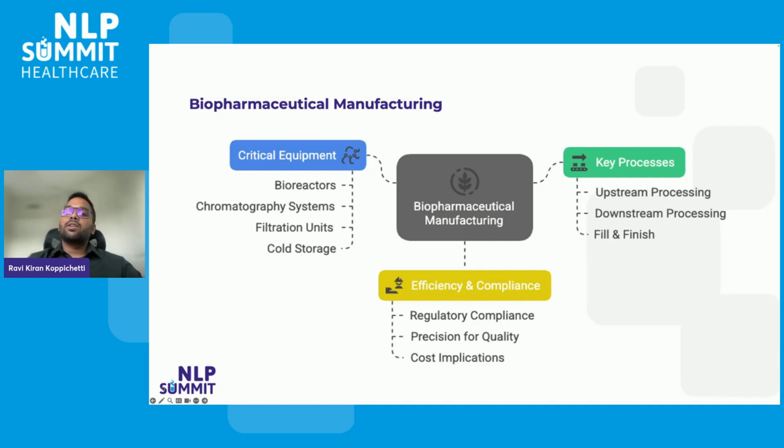So, considering these complexities, adopting artificial intelligence and machine learning to detect anomalies and to perform predictive maintenance is emerging as a crucial strategy for maintaining our efficiency and compliance. In the upcoming presentation slides, we will explore how these amazing technologies help us tackle challenges successfully and effectively as well.